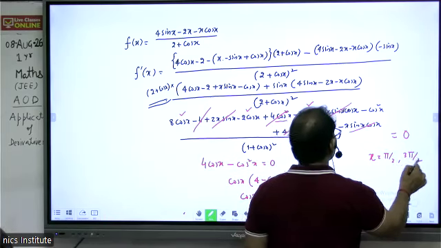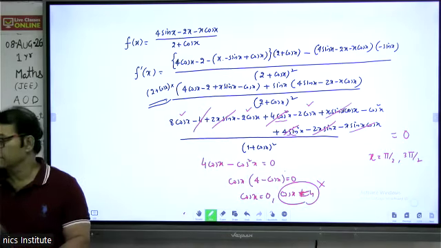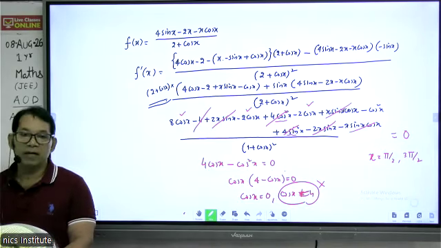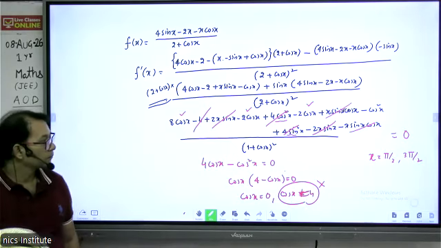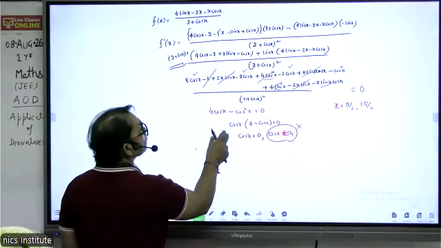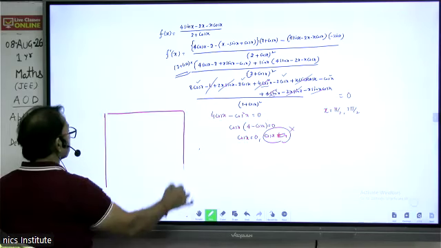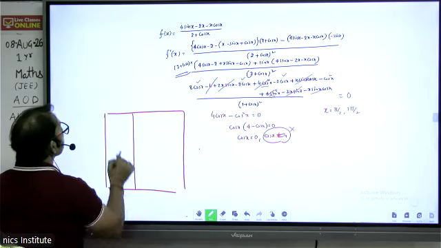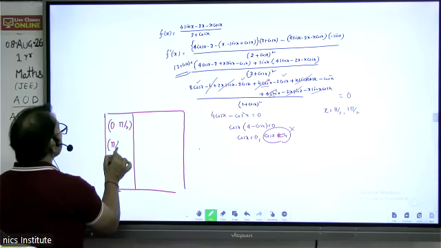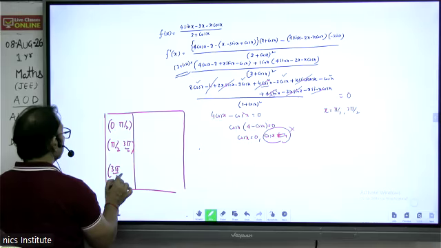But interval's not been given, so you can take interval as 0 to 2 pi. So first interval 0 to pi by 2, second would be pi by 2 to 3 pi by 2, and then 3 pi by 2 to 2 pi.